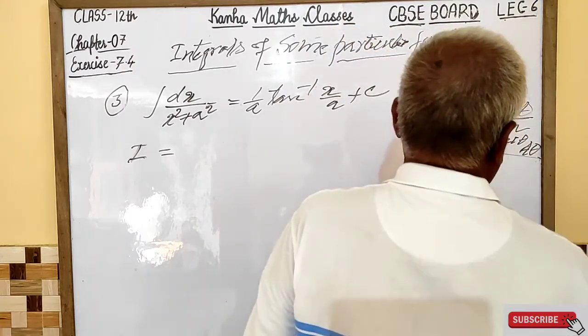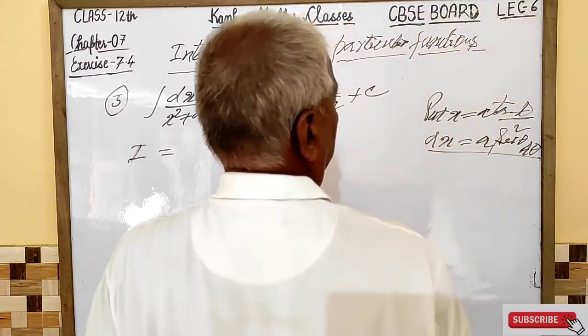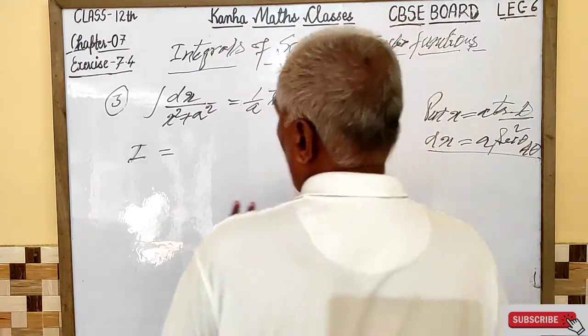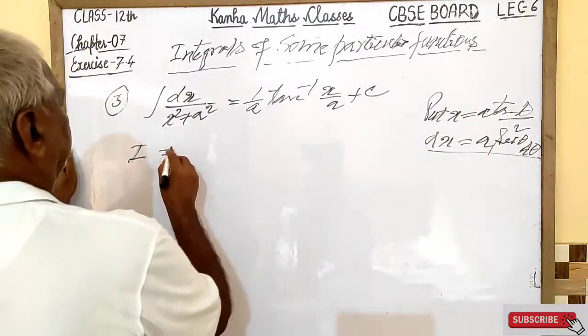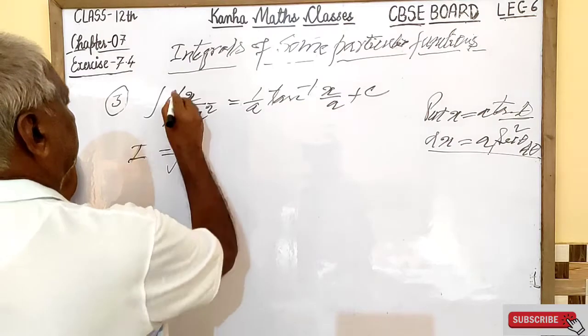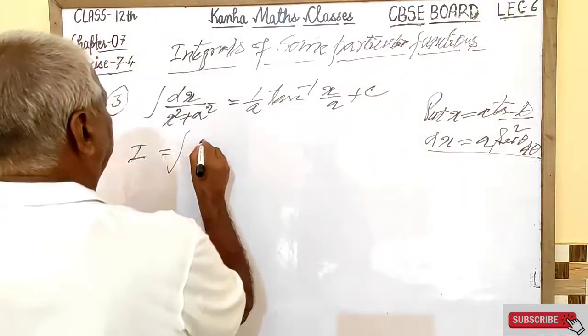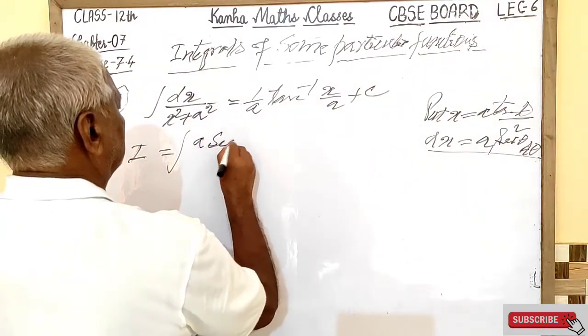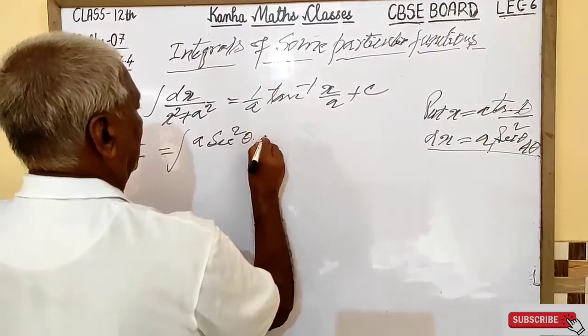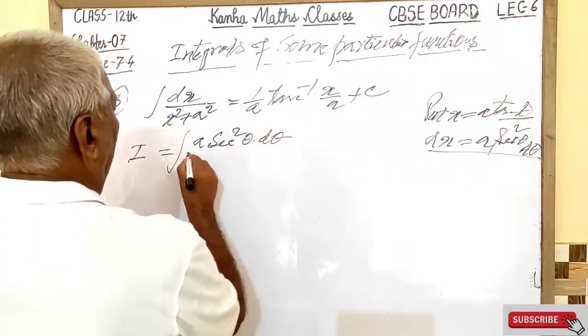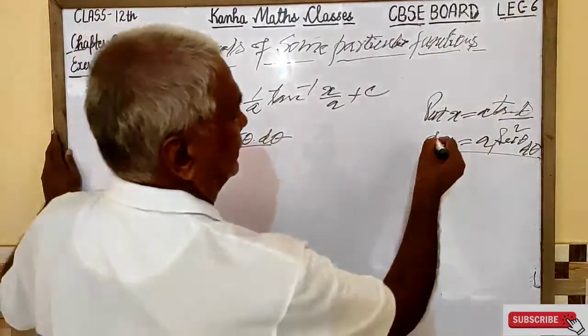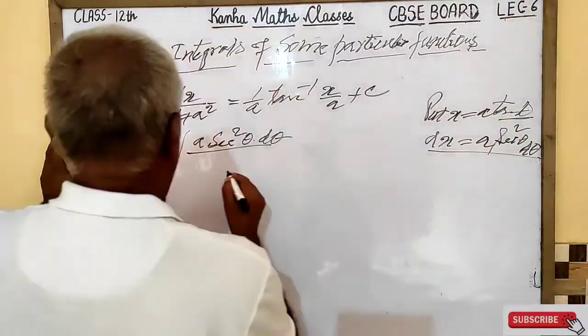Dx is equal to a sec square theta into d theta. We will write here dx is equal to a sec square theta d theta upon x, means we have substituted x by a tan theta.